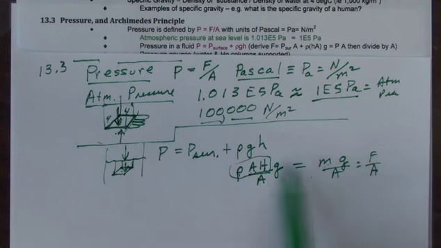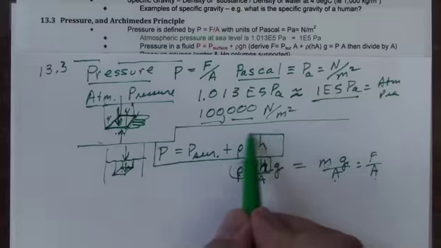So pressure is force per unit area. Force is m times g divided by area. The mass is rho times A times h. I should have written a small h there, excuse me. A times h. And the area cancels the area, and I get rho times g times h.